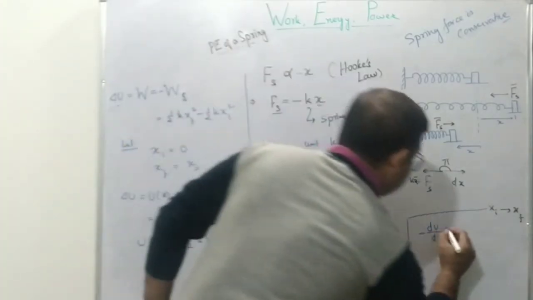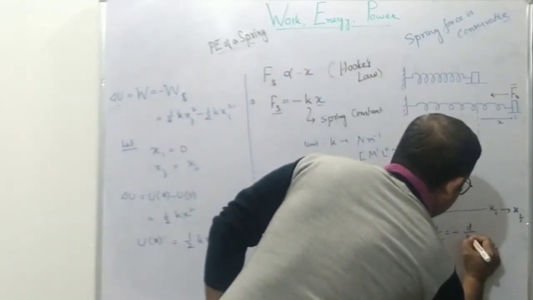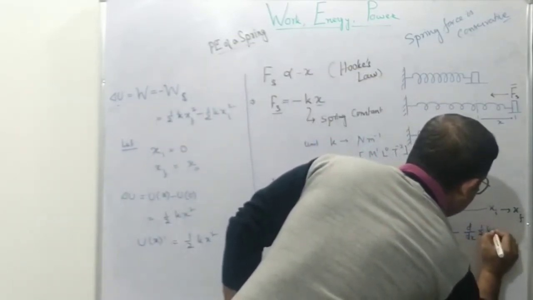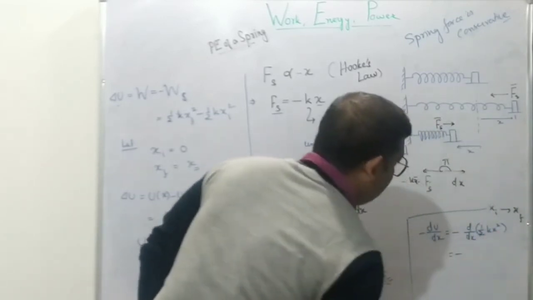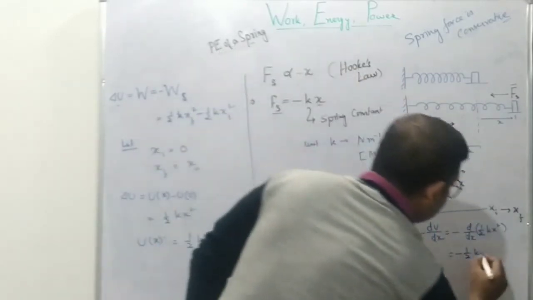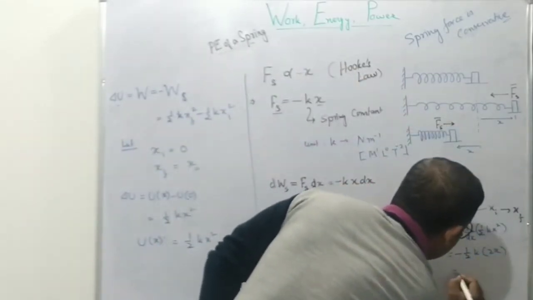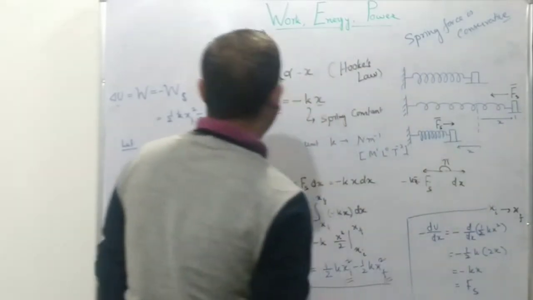Okay, minus dU by dx will be minus d by dx of half kx squared, right, which will be minus half k times dx squared by dx, which will be twice x, which gives minus kx, which is equal to the spring force as we had found here.